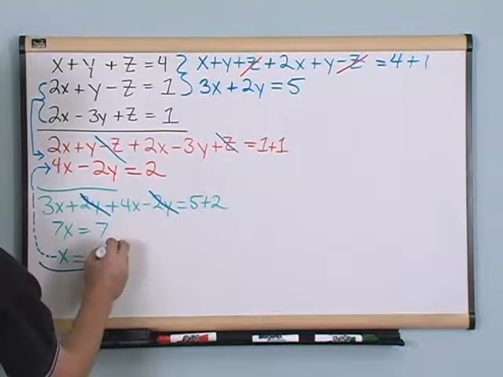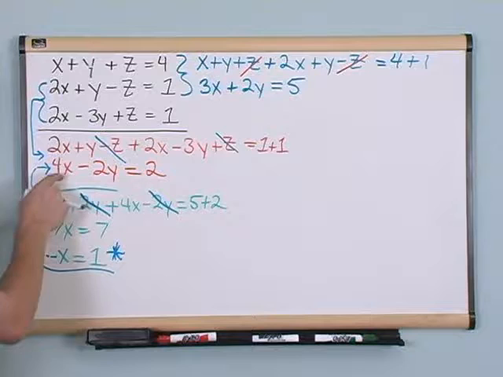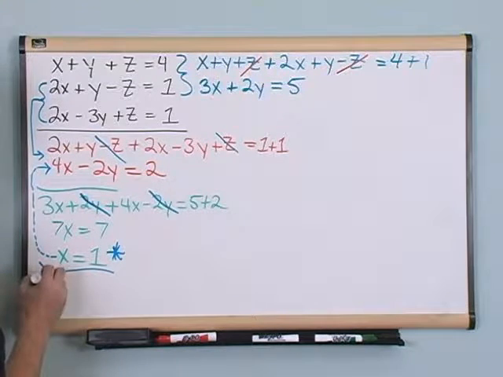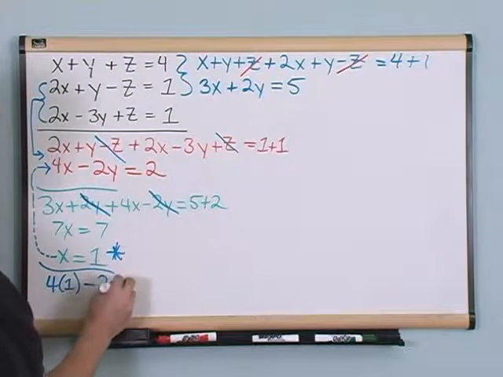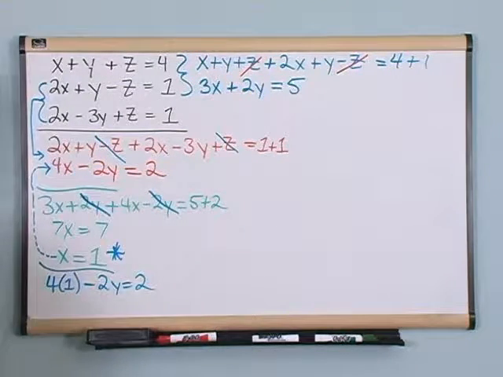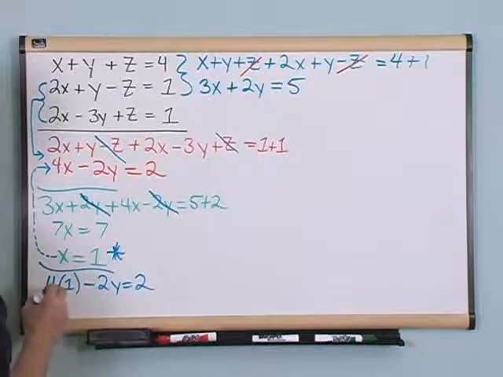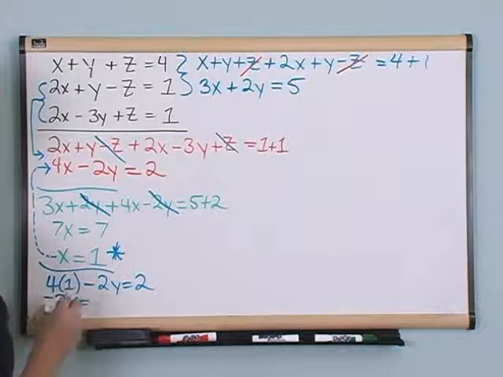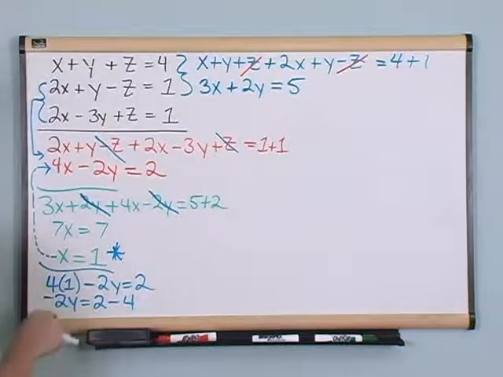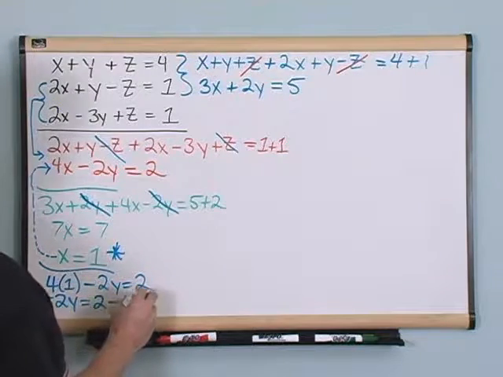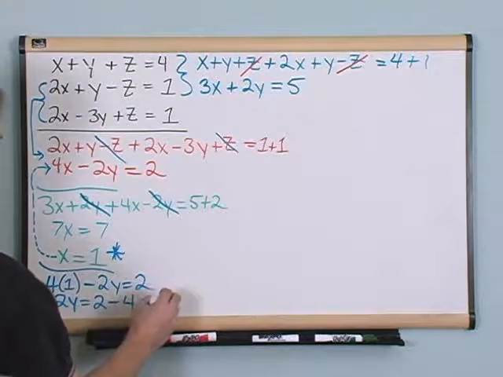We want to remember this: this is one of the answers. We're going to plug the 1 back into here: 4 times 1, because 4 times x, minus 2y equals 2. This is just 4. And so you're going to have negative 2y equals 2 minus 4, which is just going to equal negative 2.